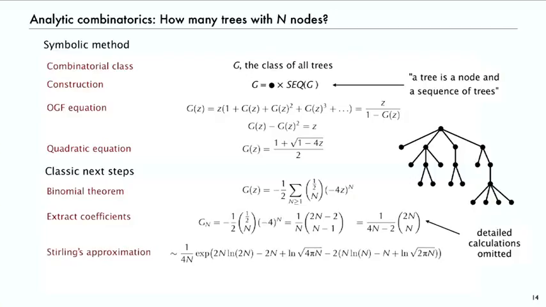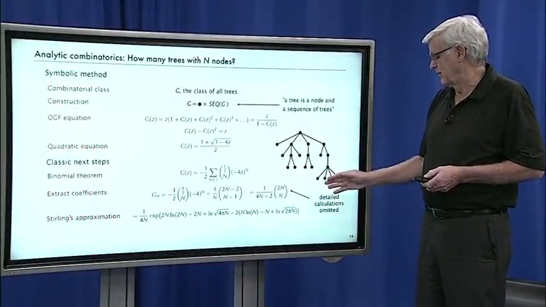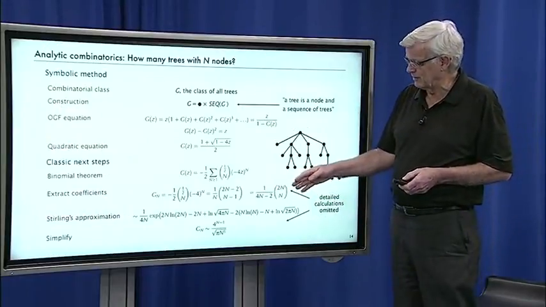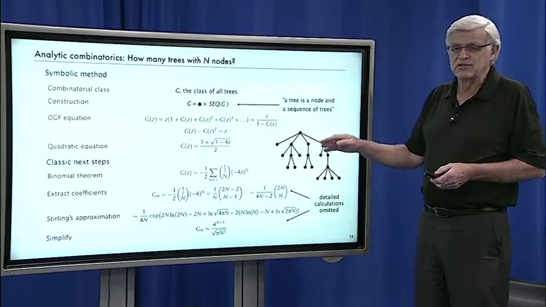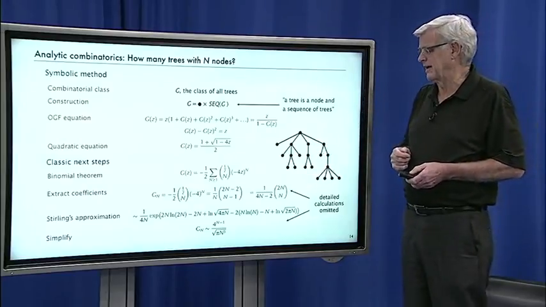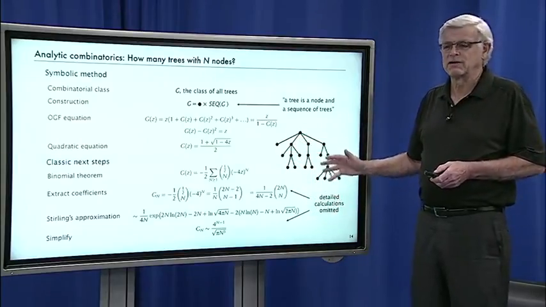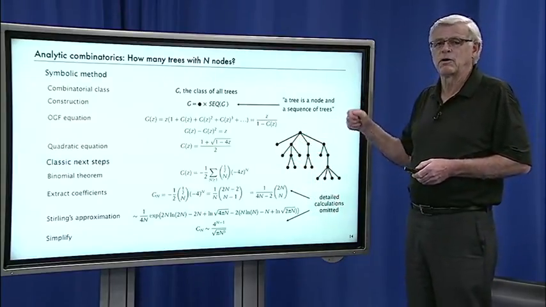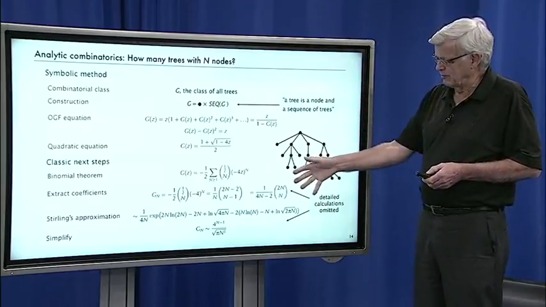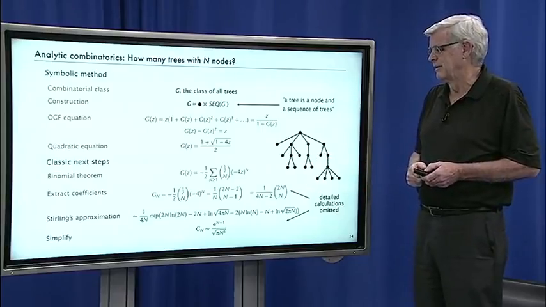And then we can use classic analysis, Stirling's approximation, with, again, quite a few calculations to finally get down to the result that the number of trees is asymptotic to 4 to the n minus 1 over square root of pi n. And again, these types of calculations are what we covered in analytic combinatorics part 1, if you're not familiar with them. If you are familiar with them, you know that there's a fair amount of calculation involved here.